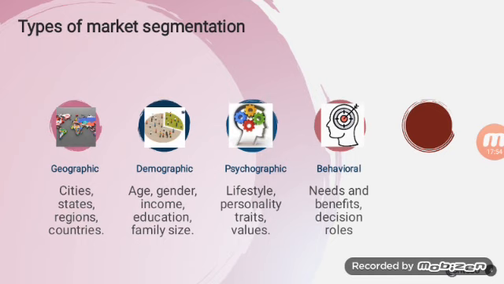If you travel to cold countries, you can find winter clothes everywhere because they are normally very cold. This is how businesses cater to the segments they choose. That is geographical segmentation.